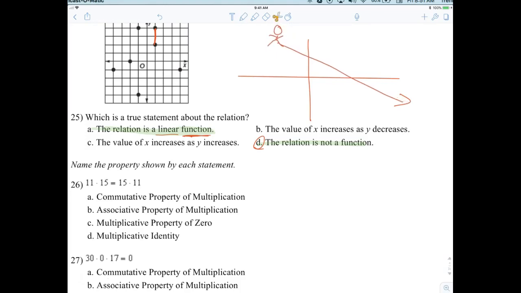As x is getting bigger, the y value is getting what? Smaller. Do you understand what I'm saying? So as x is getting closer to infinity, the y value is going to negative infinity. All right, you'll be seeing that a lot in the future. As x gets bigger, y is getting smaller. Does that make sense?